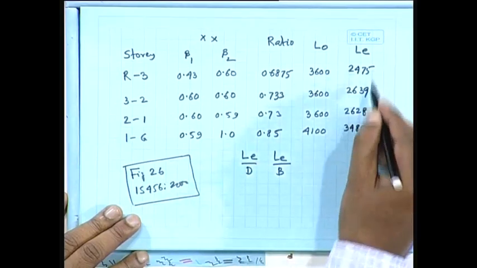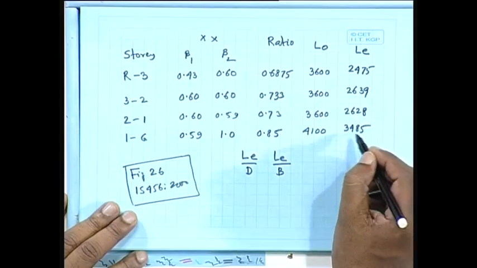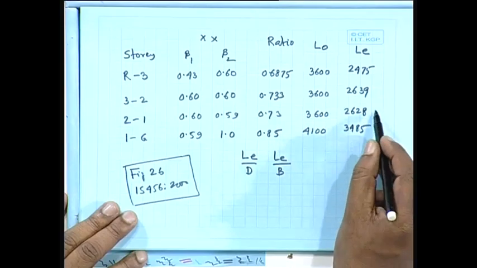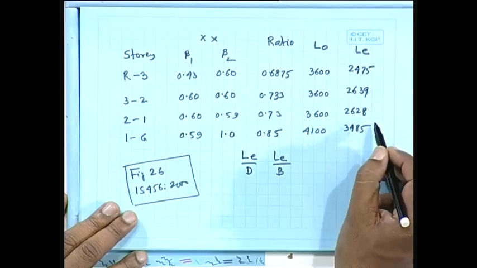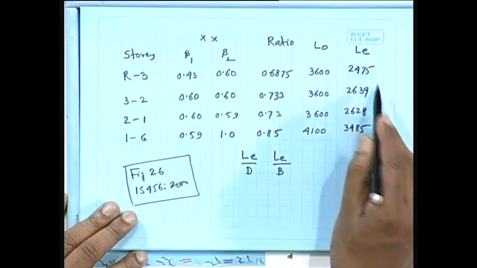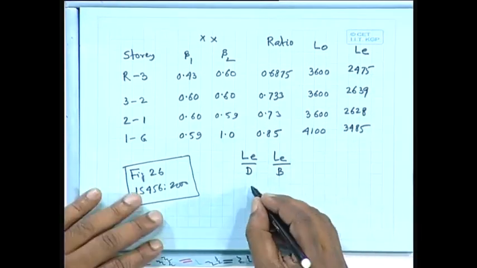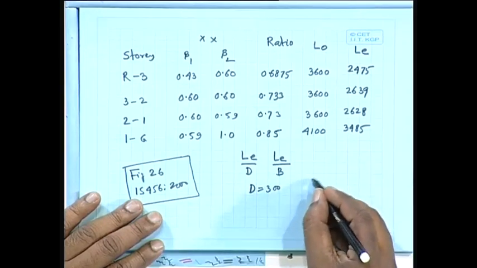We can find out those values, whether it is coming less than 12, then we have to design it as a short column, and if it is greater than, then it will be treated as a long column. But whatever way we consider here, because D equal to, say, 300, so we can find out here.